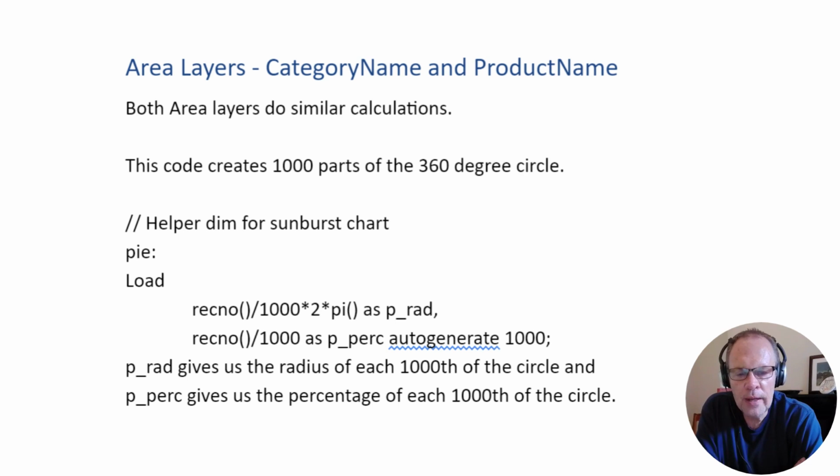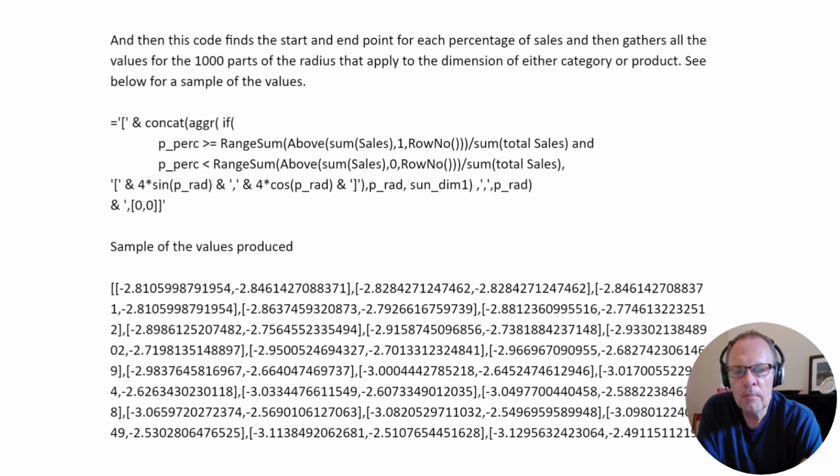So the way Qlik is being used to do this, it's generating 1,000 values and dividing the record number by 1,000 to give us the percentage, and the record number divided by 1,000 times 2 times pi to give us the radius of that small section. So let's have a look at the next page and see how that works.